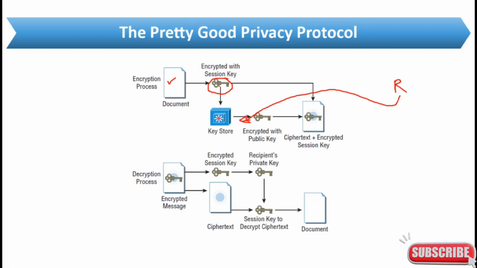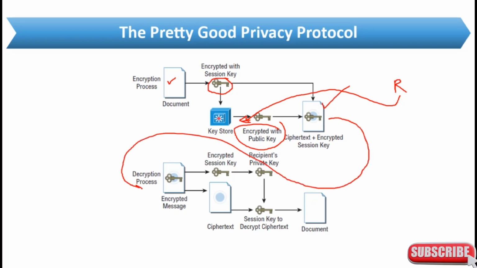So now this session key is encrypted with the public key of the recipient, and this data is also encrypted with the session key, and then the encrypted document along with the encrypted session key is sent over to the recipient here. Okay, I'll erase it so that you will have a clear picture.